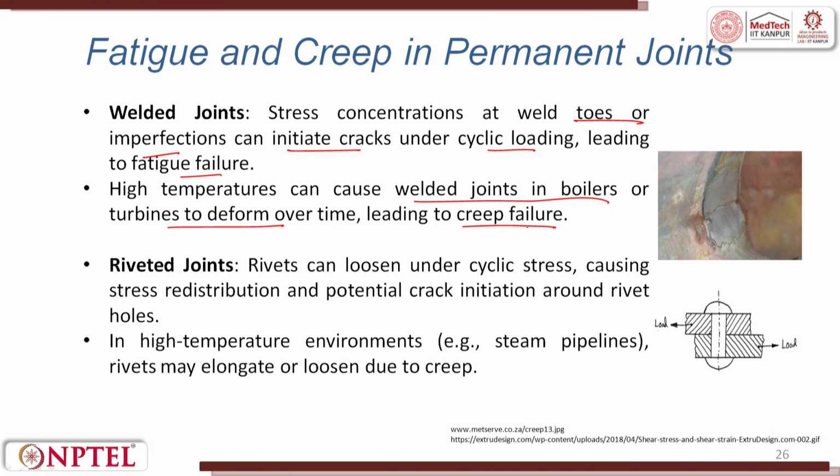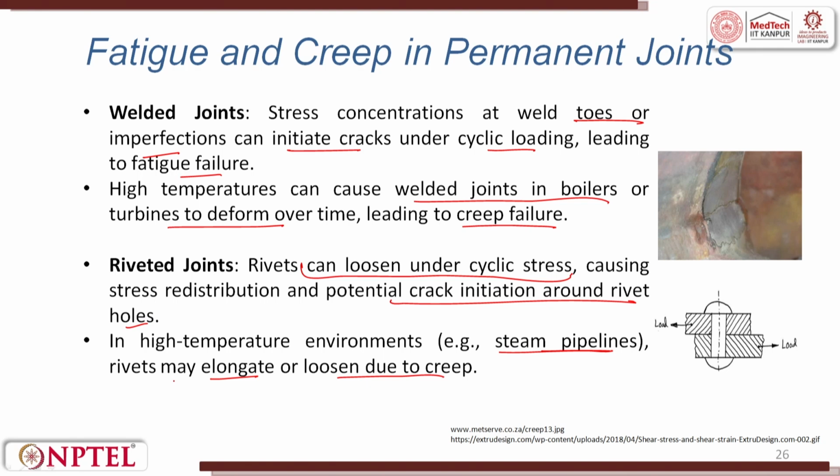In riveted joints as well, rivets can loosen under cyclic stress, that is, fatigue failure could be there. This causes stress redistribution and potential crack initiation around the rivet holes. In high temperature environments such as in steam pipelines, rivets may elongate or loosen due to creep.